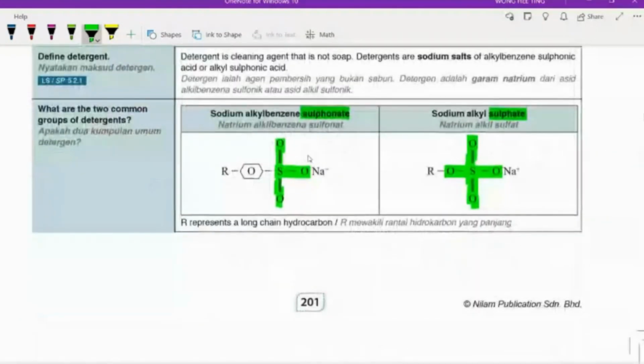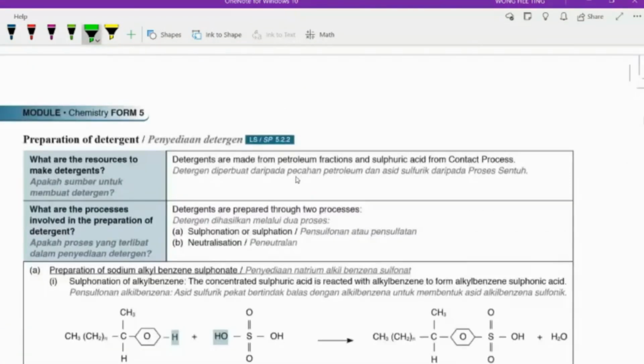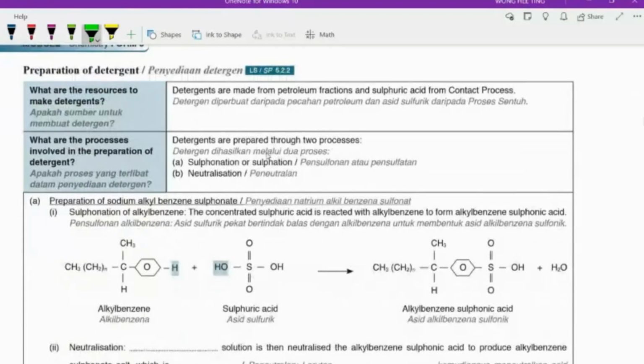But for the detergent it is sulfonate or sulfate. So normally in the objective questions, which one is a salt or which one is a detergent, you go and find the functional group. Very easy to recognize.